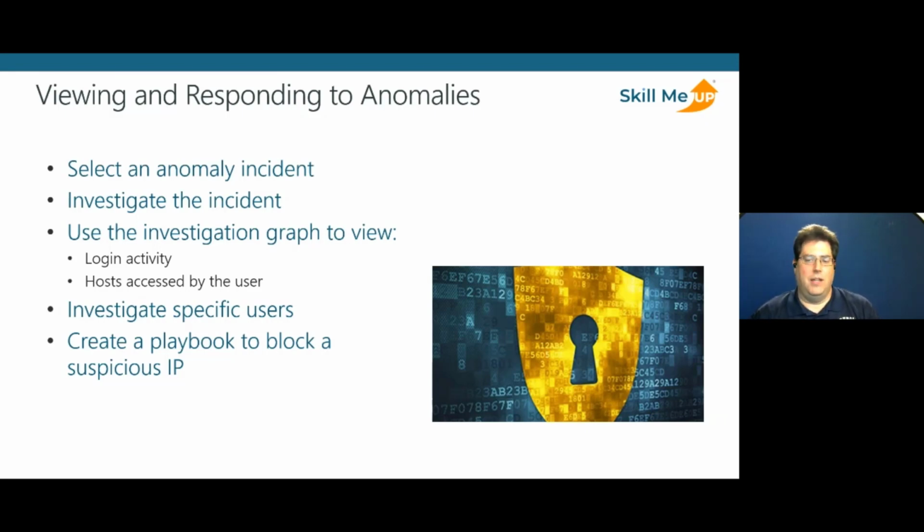You can then create different playbooks and workbooks within your environment to block those suspicious IP addresses, or if you're still investigating, you can block connectivity to that IP address or virtual machine entirely, right from within Azure Sentinel while you're doing your investigation.